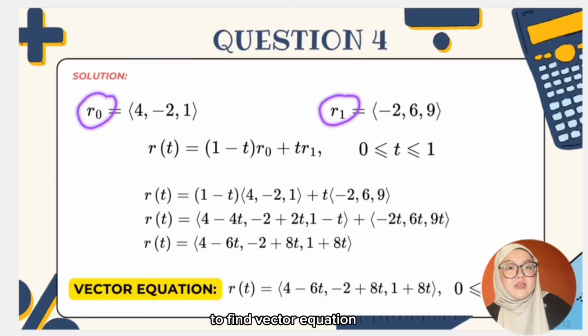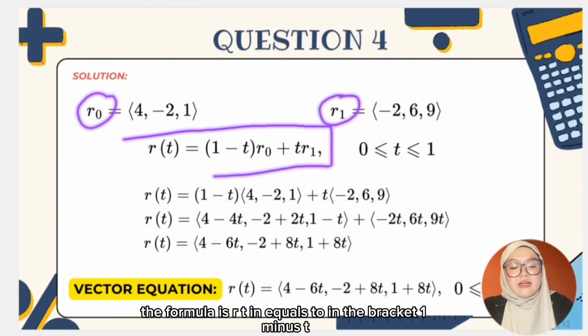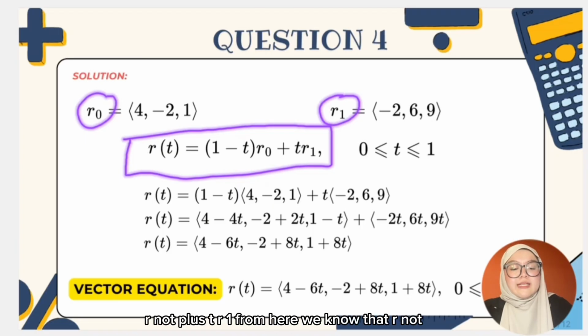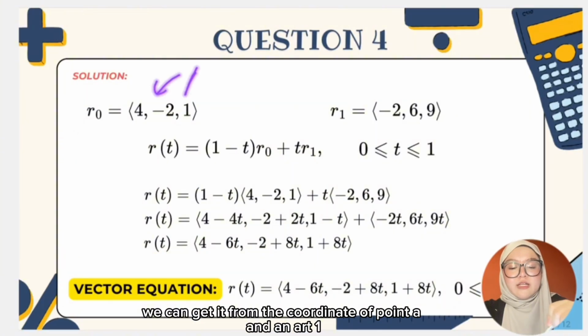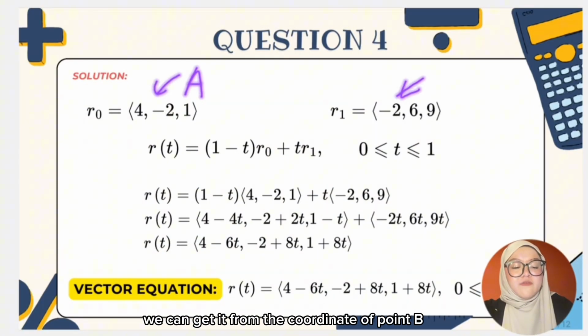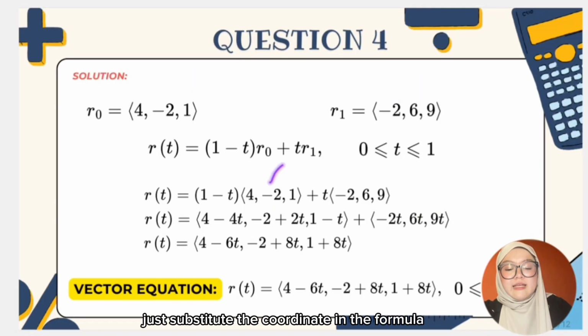To find the vector equation, the formula is r(t) equals (1 minus t) r0 plus t r1. From here, r0 we can get from the coordinate of point A, and r1 we can get from the coordinate of point B. Just substitute the coordinates in the formula.